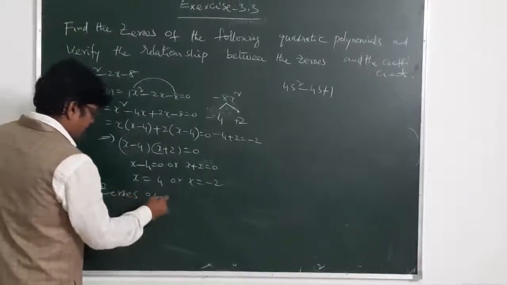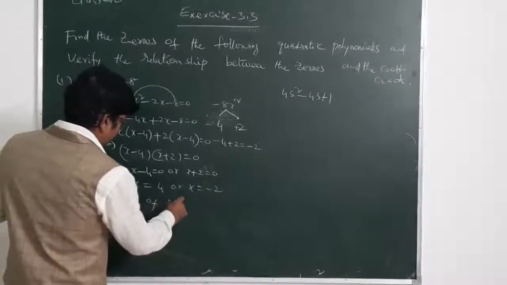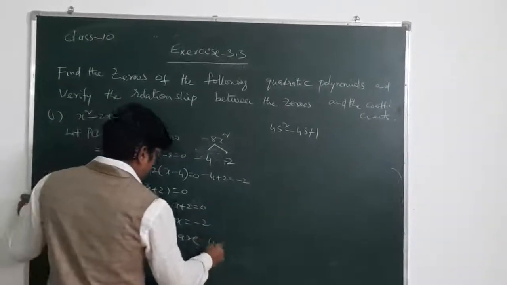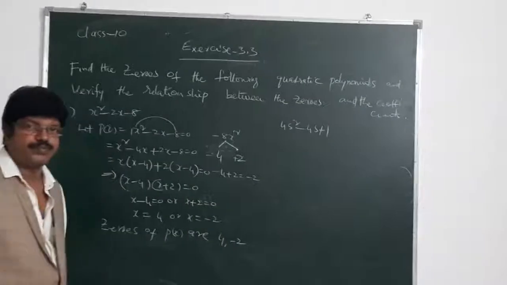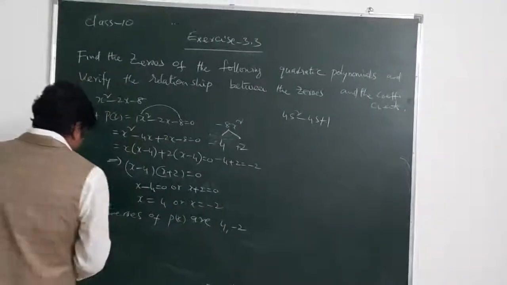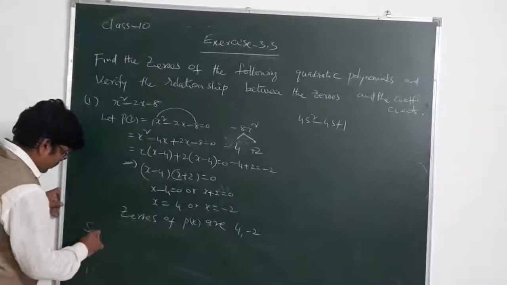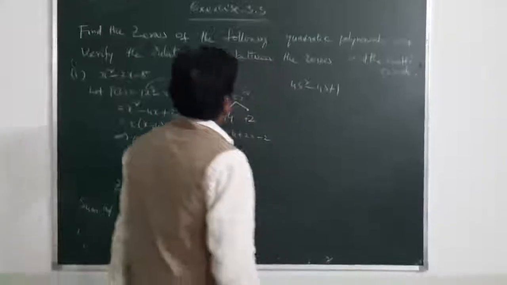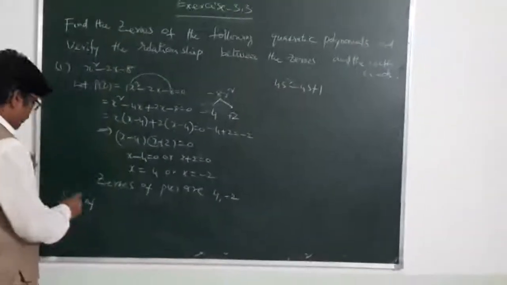Zeros of p of x are 4 and minus 2. Now, verify the relationship between the zeros and the coefficients.